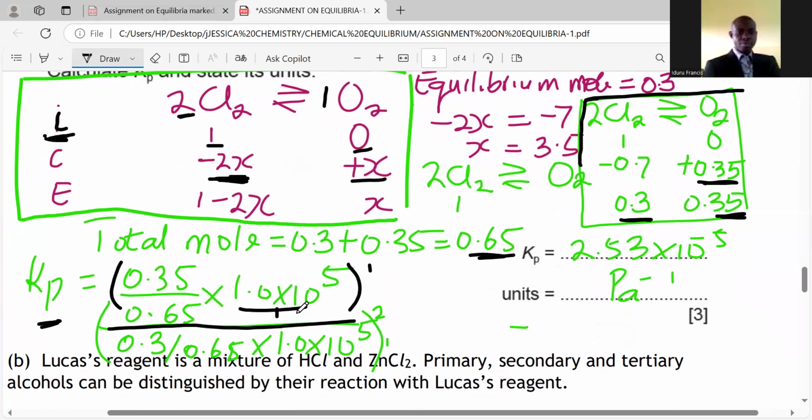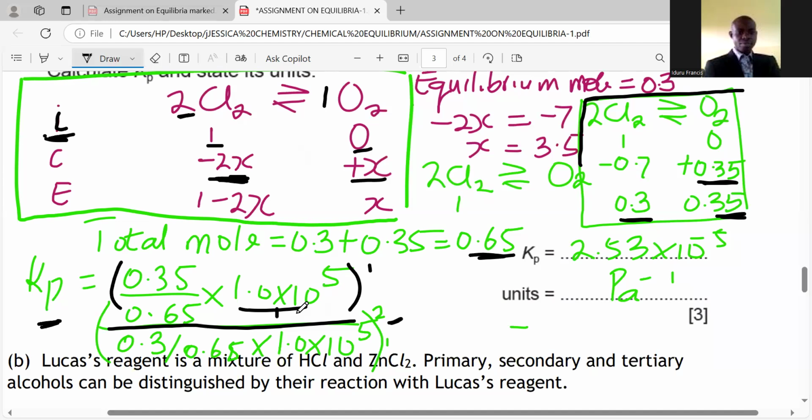Then for the reactant, chlorine, it will be 0.3 over 0.65, and total pressure squared. It is squared there. If that is done very well with a good calculator, we are going to have 2.53 times 10 to the minus 5.